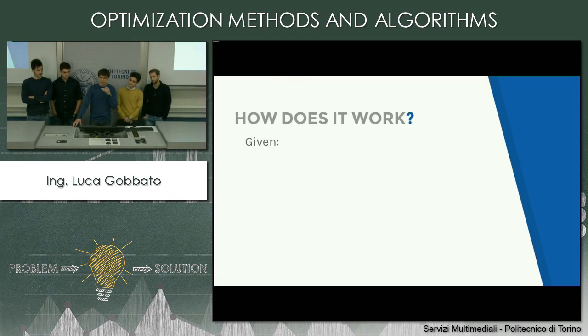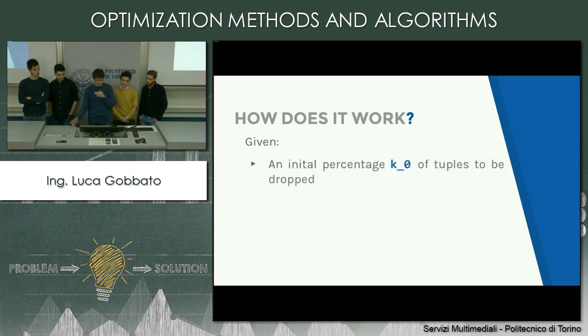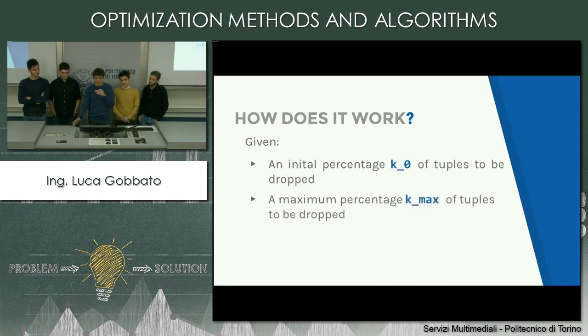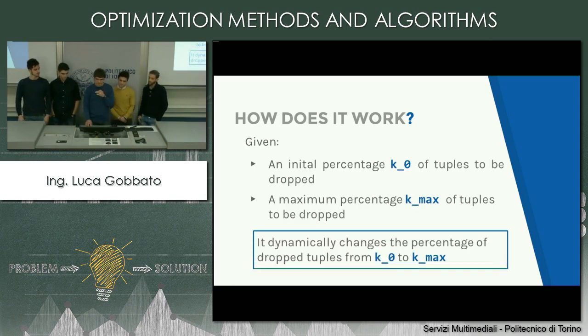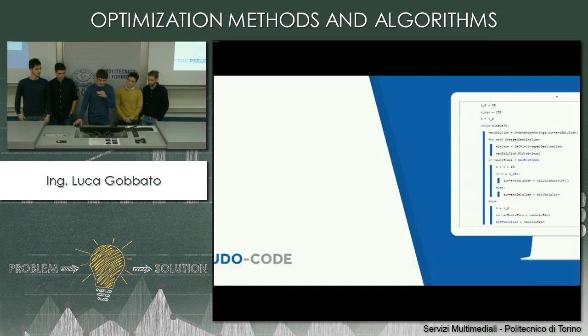So, as I already mentioned, VNS dynamically chooses the size of the neighborhood. Given an initial percentage K0 of tuples to be dropped and a maximum percentage Kmax of tuples to be dropped, it dynamically changes the percentage of dropped tuples from K0 to Kmax.